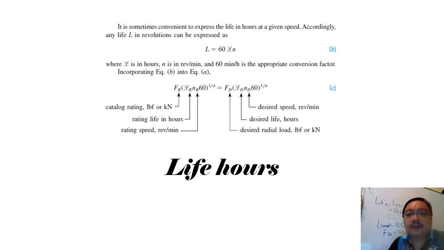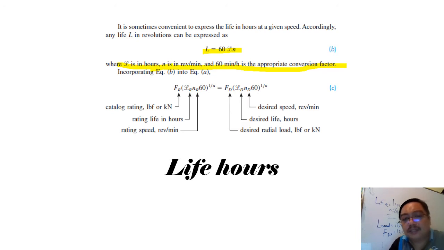Sometimes it's convenient to express life in hours given the speed. Accordingly, any life in revolution can be expressed as L equals 60 LN. L is in hours, N is the revolution, meaning 60 minutes per hour is the appropriate conversion factor.